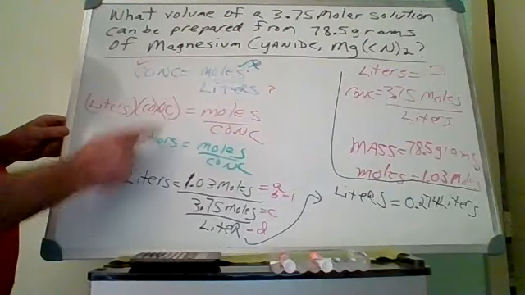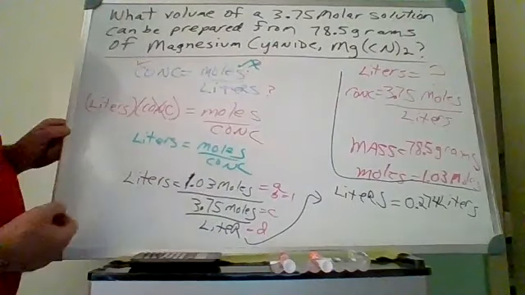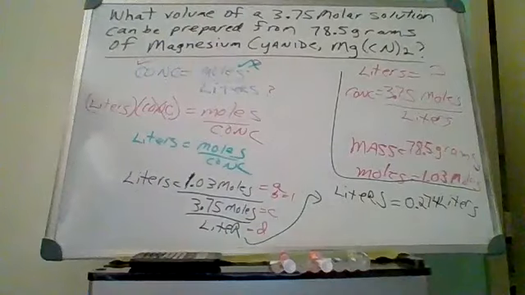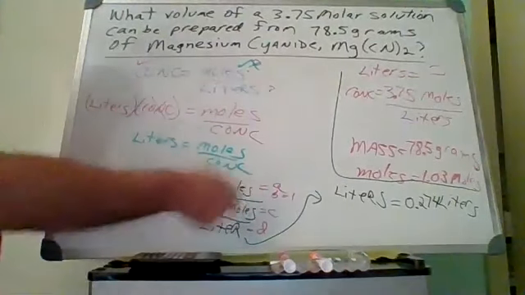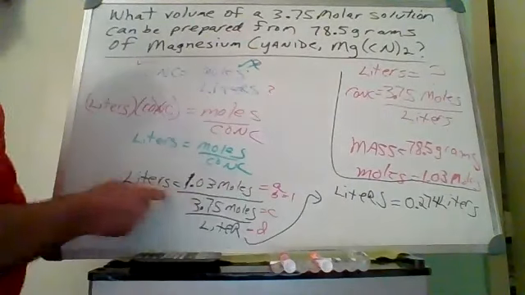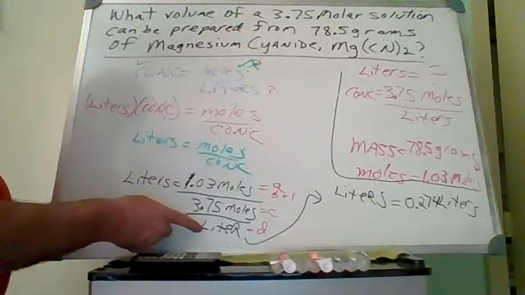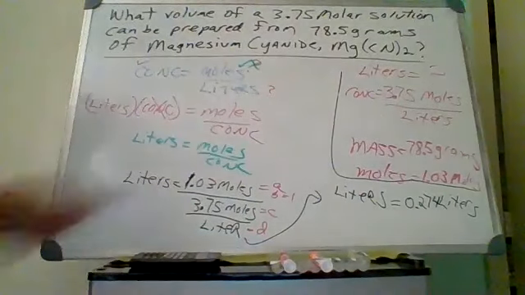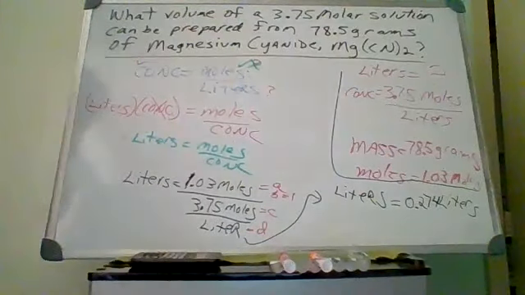Plug in the numbers and we're done. Again, I said you don't have to do this A over B over C over D. If you want, you can just look at liters, and you know the right-hand side should equal liters, and there is a combination of moles that will do that for you.